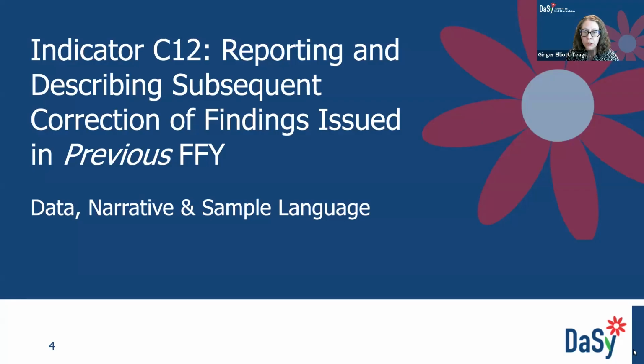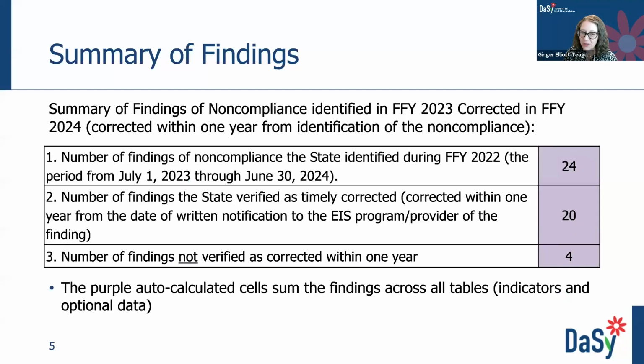Okay, so we're first going to talk about what was in last year's APR as well as this year's. This is the summary of findings issued in the just prior federal fiscal year.